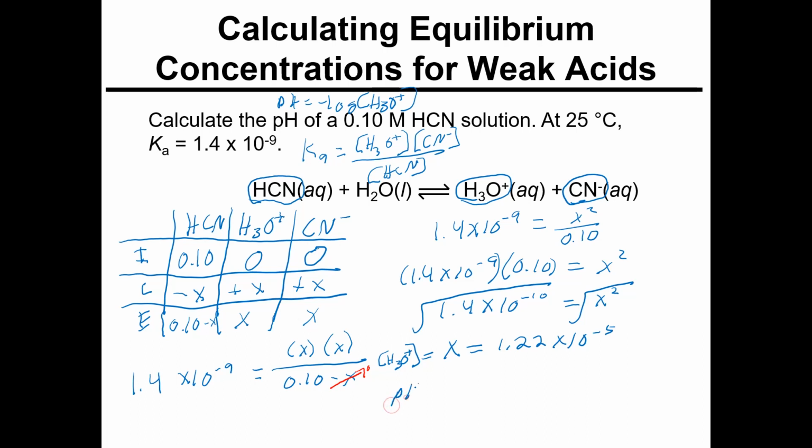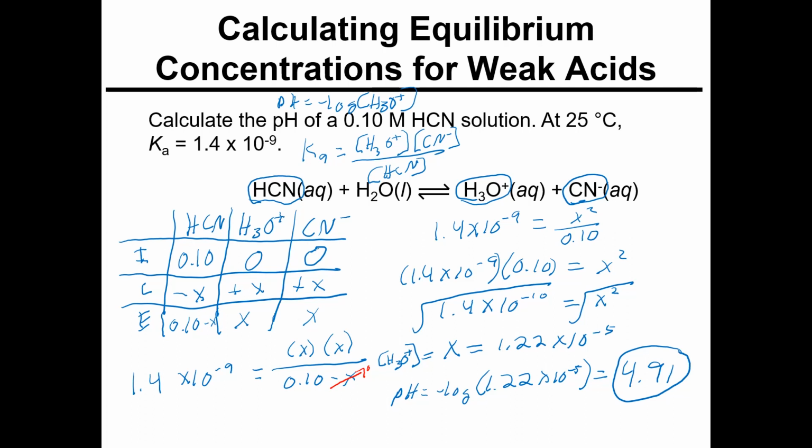So now we can take the pH is equal to the negative log of H3O+, which is 1.22 times 10 to the negative fifth. And if you put that into your calculator, you get a pH of 4.91. So this is the pH of our solution.